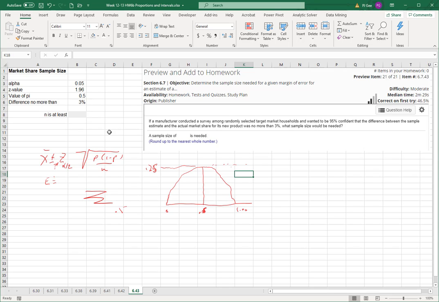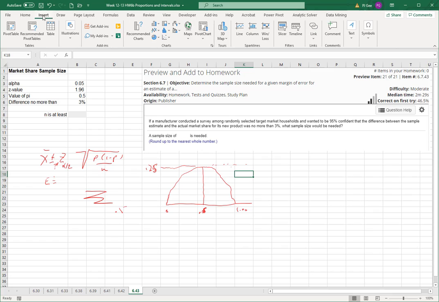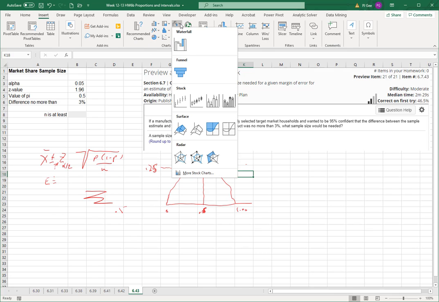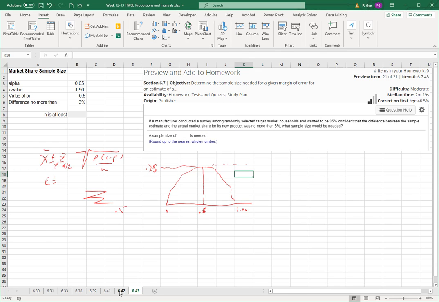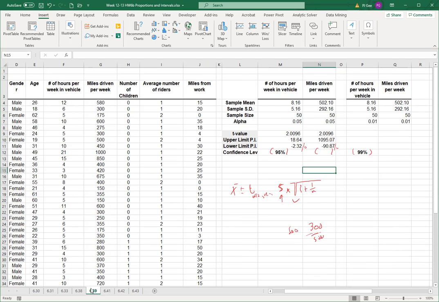All the best for this homework. I hope that everybody tried to do the problems first before taking a look at the solutions. But there's some fine print: the graphing that they talked about, using the stock chart here, didn't work as they said, and you have to fake it out. I'm going to go back to it.